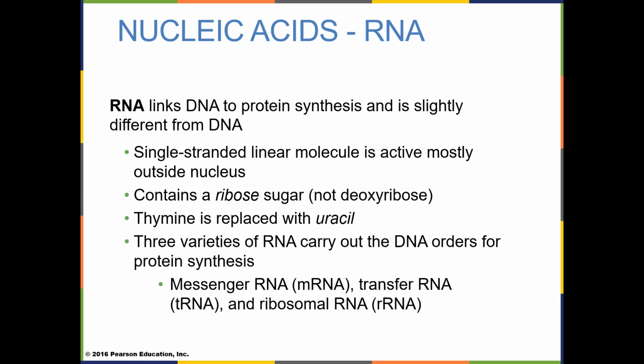There's what's known as messenger RNA. There is transfer RNA. And there's ribosomal RNA. Messenger RNA takes the instructions out of the nucleus. Transfer RNA starts to assemble proteins by bringing amino acids together. And ribosomal RNA helps to make the site of protein assembly form.